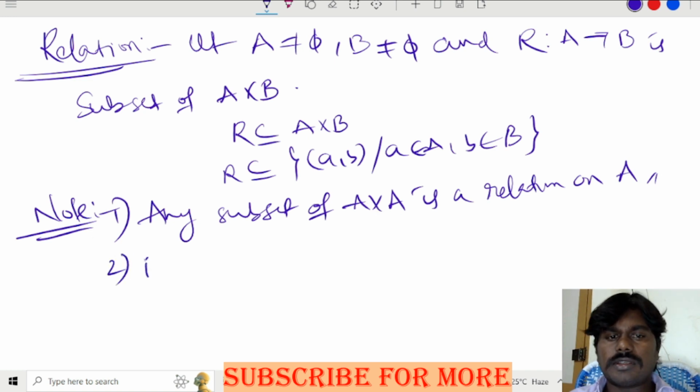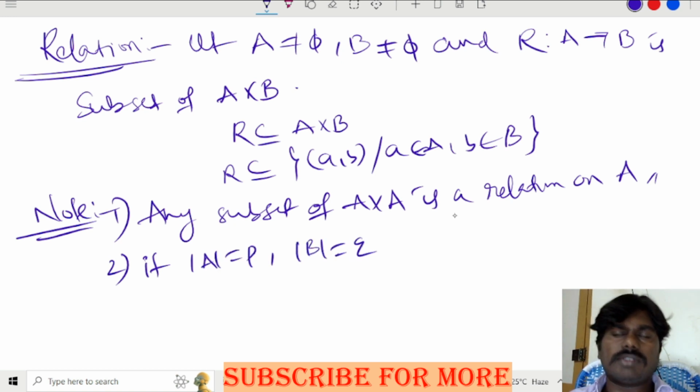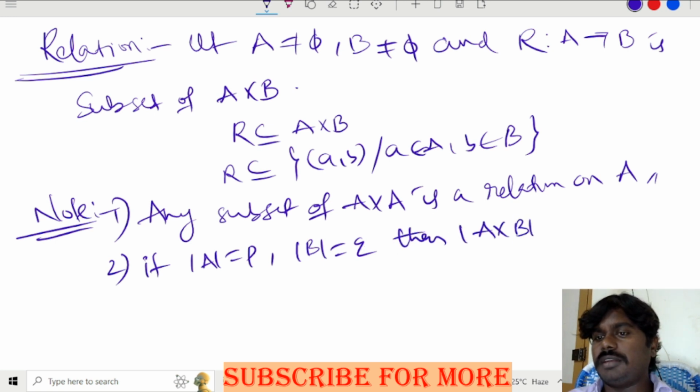And suppose mod A is equal to P and mod B is equal to Q, meaning the number of elements in A is P and the cardinality of B, the number of elements, is Q. Then, as we just discussed, the number of elements in A cross B is PQ.